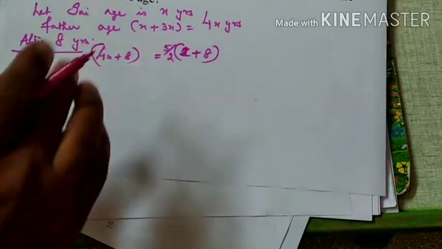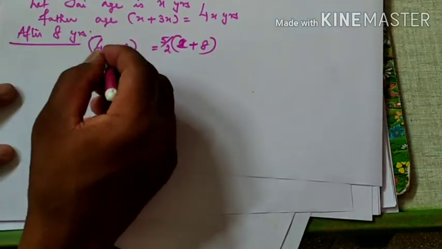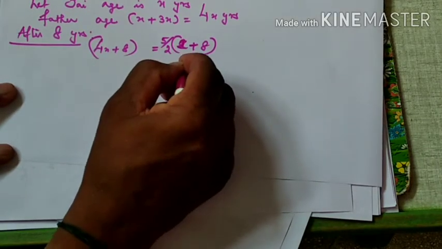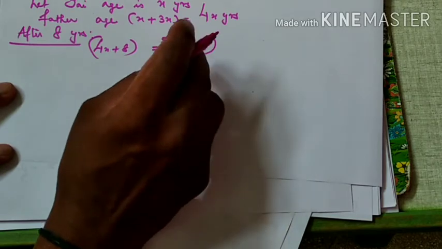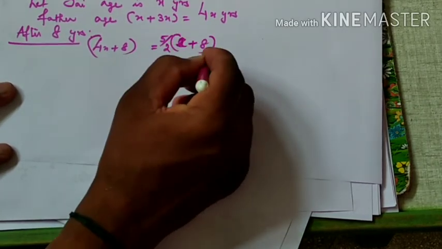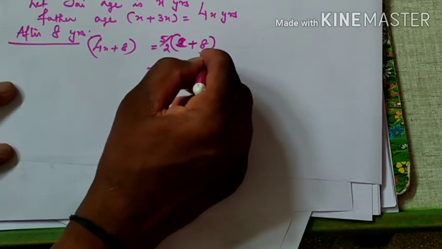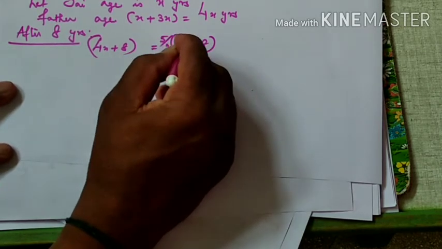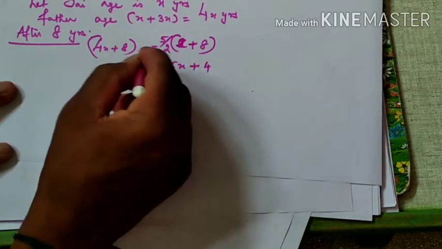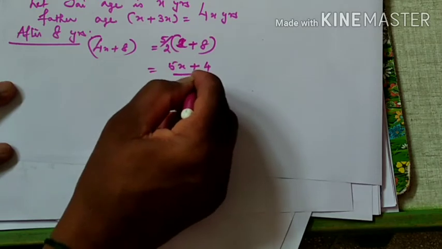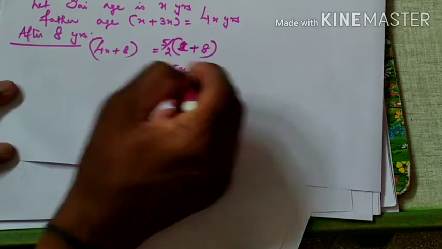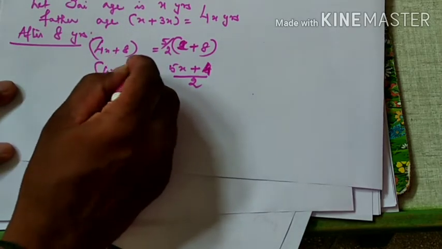Now we will simplify it first. 4x plus 8 over x plus 8 equal to 5 by 2.